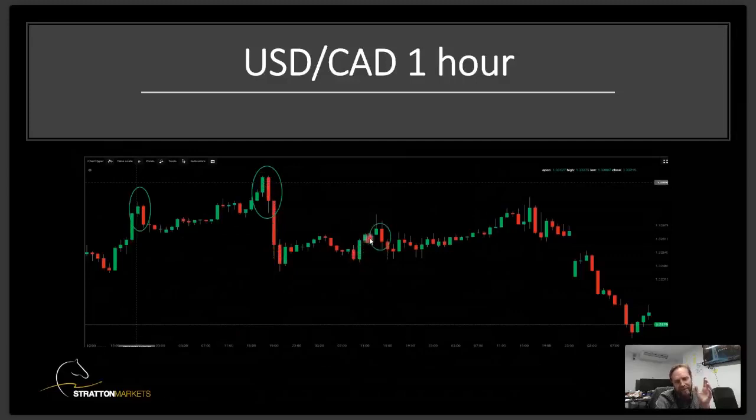Again, uptrend, uptrend, uptrend. Again, bearish engulfing candle engulfs the previous bullish candle, and the market starts to sell off. And there's another one here. Market starts to buy in, but then you have the bearish engulfing candle, and the market this time really sells off quite strongly.